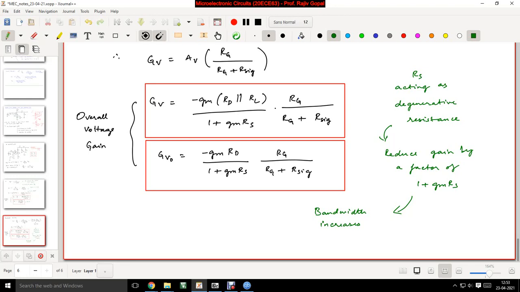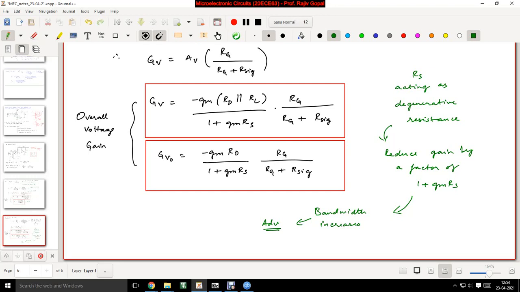Bandwidth increases means I can use this amplifier for a little bit more range of frequencies. So this is the advantage we have with this. It increases the bandwidth, thereby effectively increasing the range of frequencies allowable for this common source amplifier.